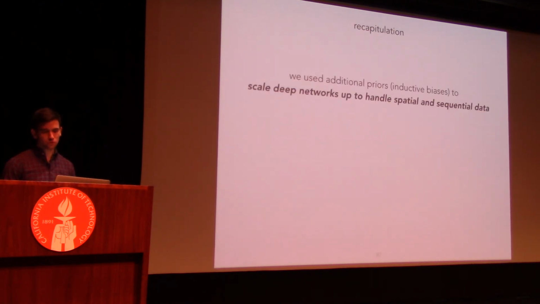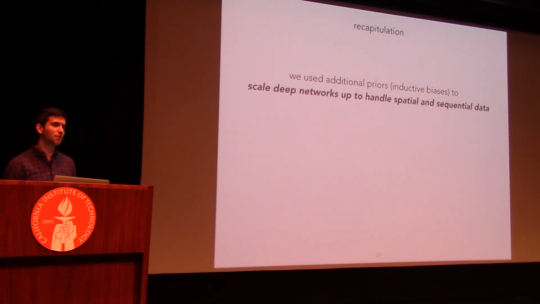So, just to recap, what have we done today? We've used additional priors. We've made some assumptions about the structure of data to impose additional priors on the model. These are sometimes called inductive biases, and I would stress that these inductive biases are essential to actually getting these models to scale to real-world data.